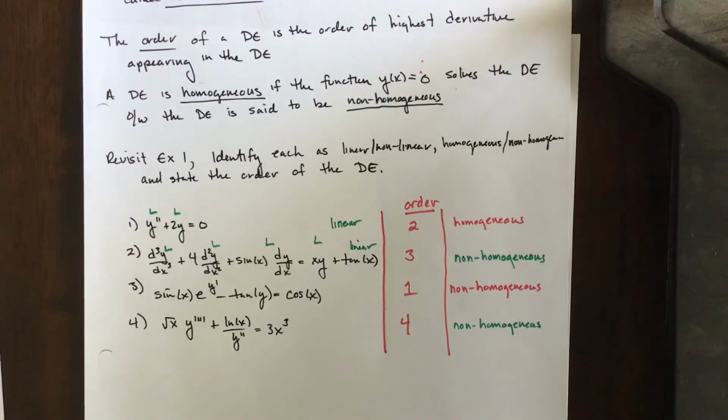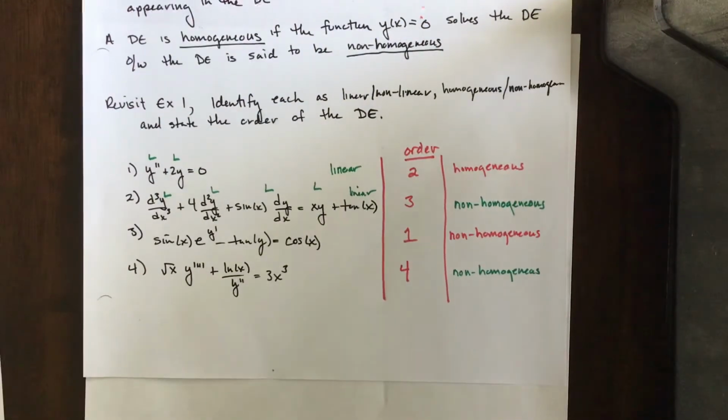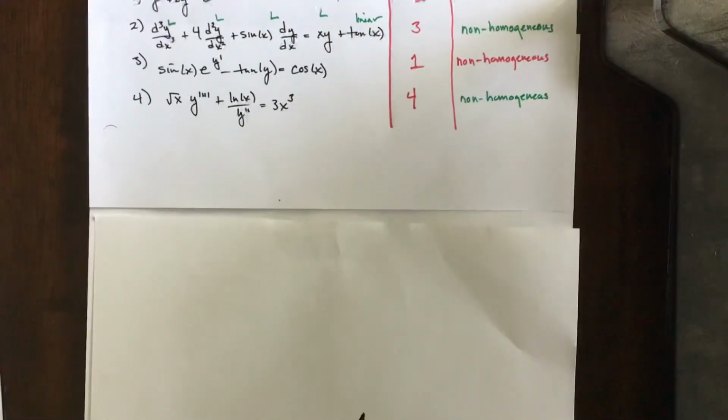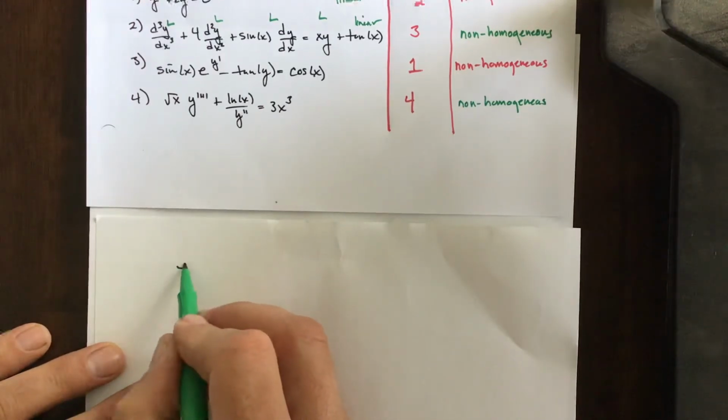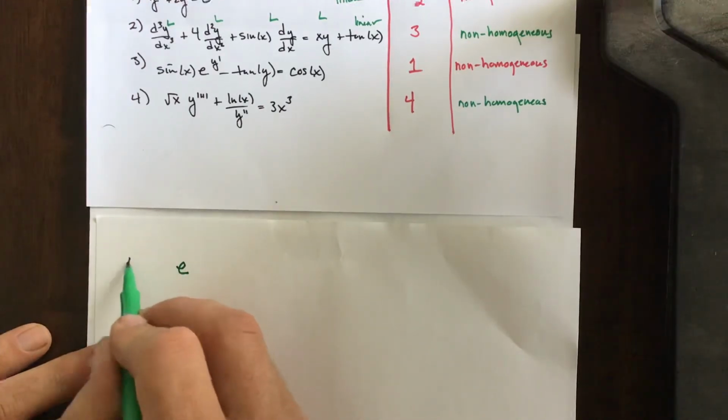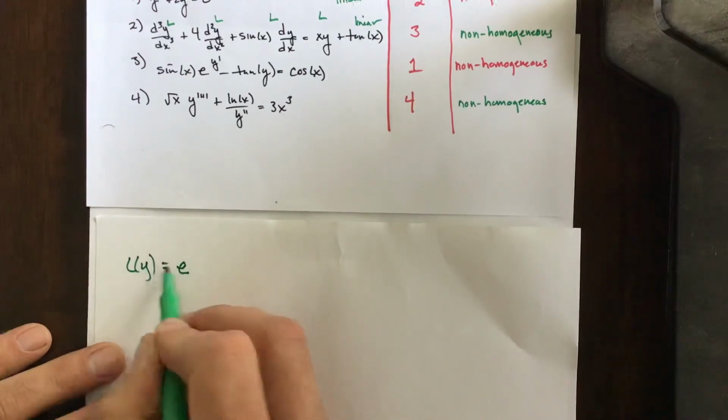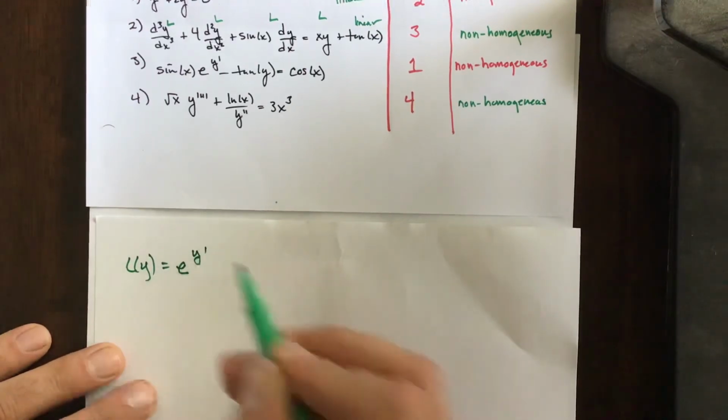Okay, what about equation 3? The sine of x times e to the y prime. So let's look at e to the y prime. So L of y equals e to the y prime.